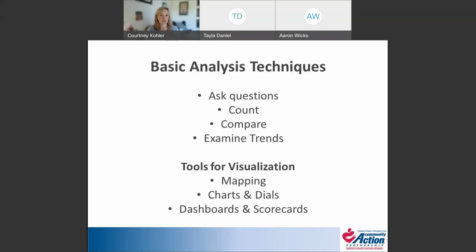Maybe it's your local to state to national rates of poverty, rates of homelessness, things like that. That comparison and that counting can tell you a lot about what's happening. And then examining trends. So looking at your data over time, preferably three years or more, with trends. That can also tell you a lot.